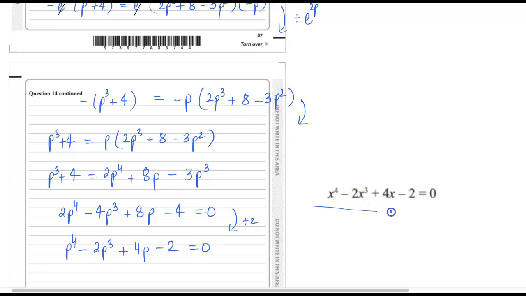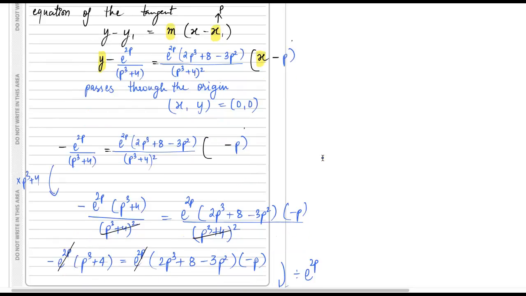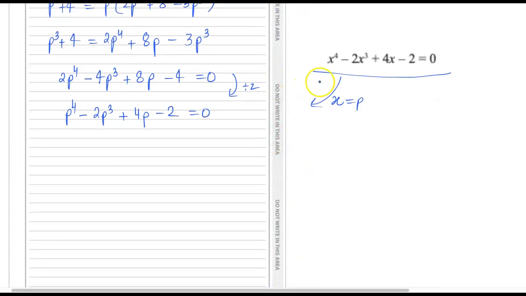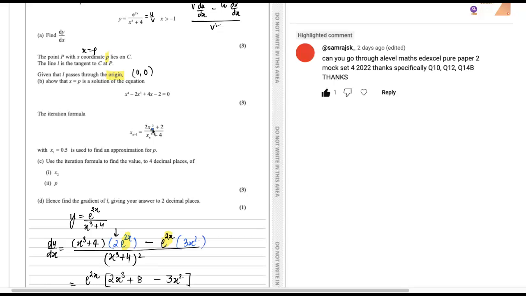So if you see this equation and that equation, doesn't it look like we just have substituted the value of x to be p? So if it is turning up to be like this, that means p is the solution. It is exactly turning up, no? x to the power 4, p to the power 4, minus, plus, minus. Yes, it is exactly turning up like this. So yes, we can say p is the solution of the equation.